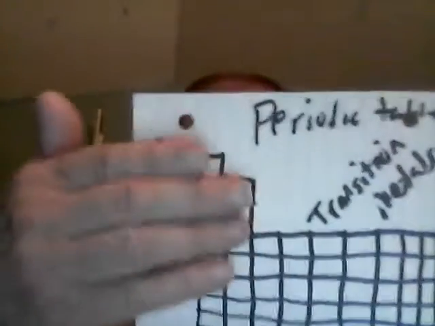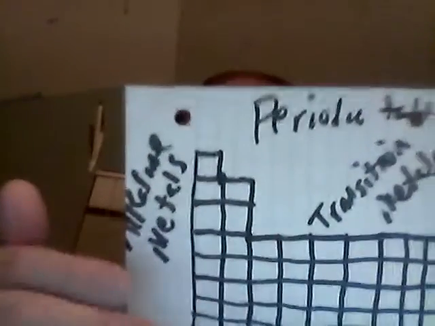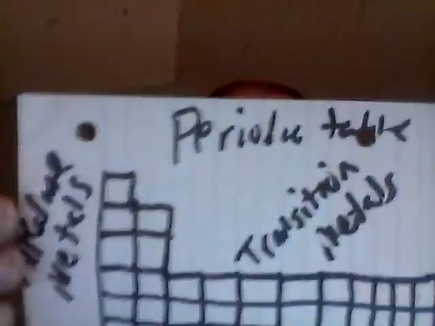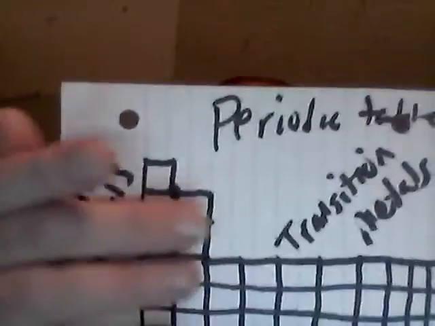Now, down here, as you see in these groups, not only do they have similar properties, but they have the same number of valence electrons. Okay? Similar properties and same number of valence electrons. So, you've got alkali metals, alkaline earth metals, transition metals, and then you get noble gases and metalloids over here.